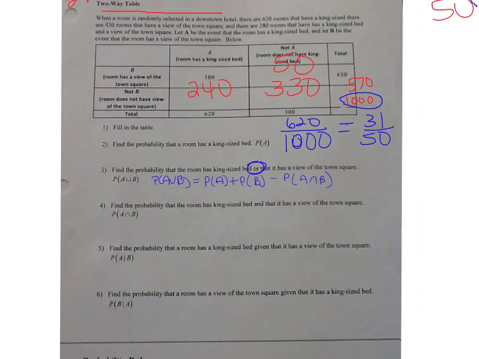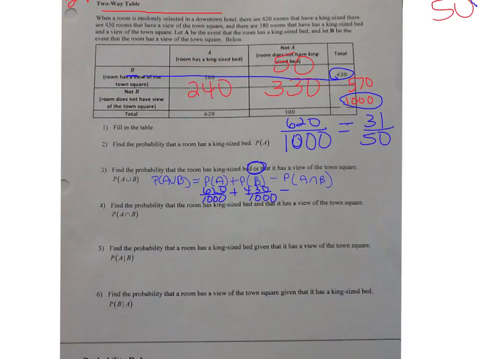Okay, first we're going to start with the probability of A, which would be the probability that we have a king-size bed, and that would be 620 out of 1,000, plus the probability of B, which is right here, so that would be 430 out of 1,000, minus the probability of A and B, that's the intersection.